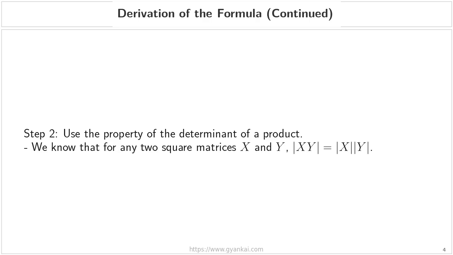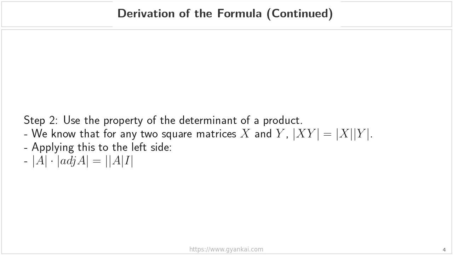In other words, the determinant of X times Y is equal to the determinant of X multiplied by the determinant of Y. Applying this rule to our equation, the determinant of A times the adjoint of A becomes the determinant of A multiplied by the determinant of the adjoint of A. This leaves us with the right side of our equation, which is the determinant of A times the identity matrix.